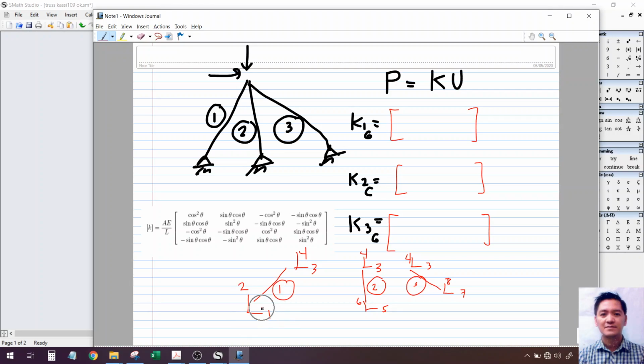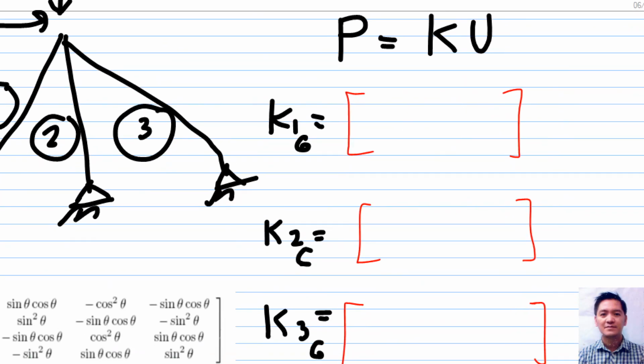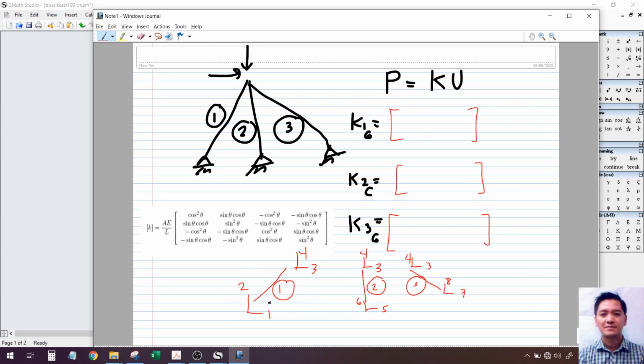That means, you should be consistent then on applying this code sa ating formula here. Okay? For example, sa member 1, 1, 2, 3, 4. Therefore, pagdating mo dito sa stiffness matrix for each member, consistent dapat yan.